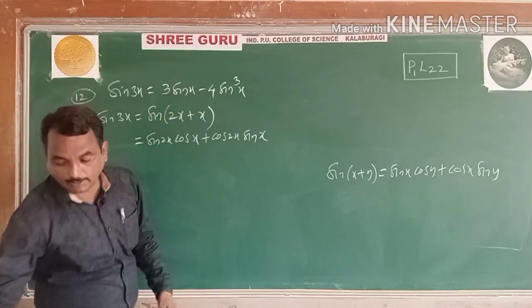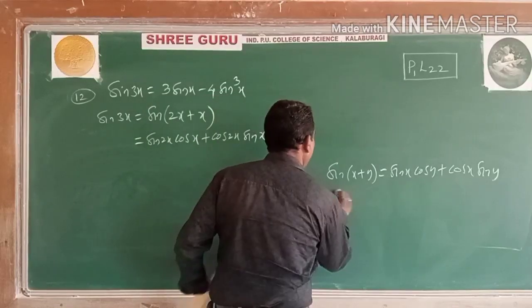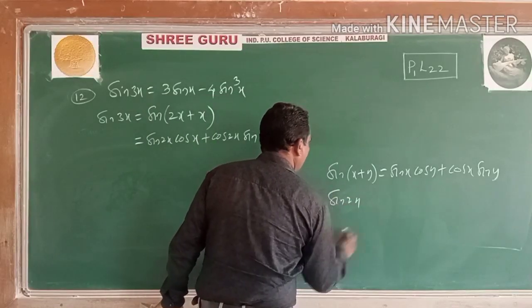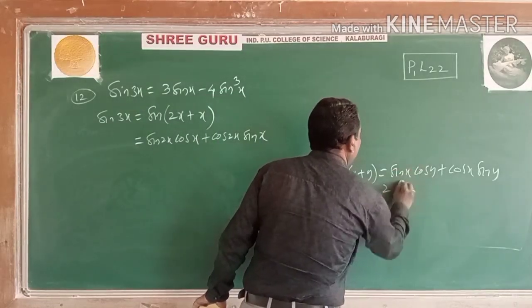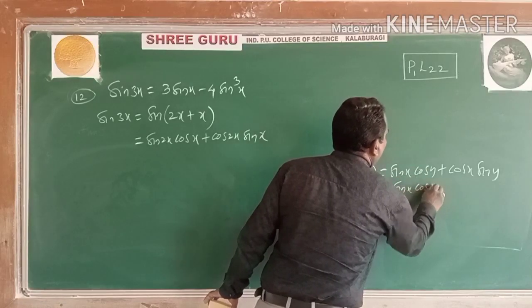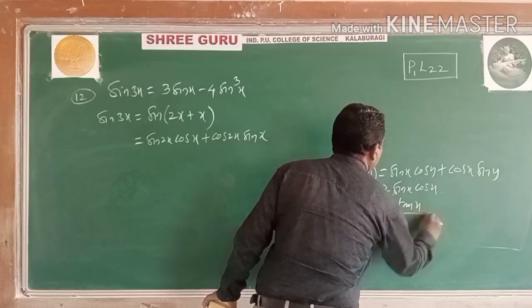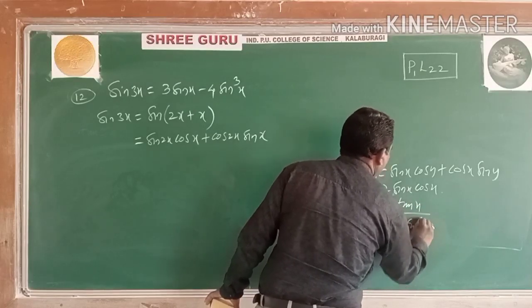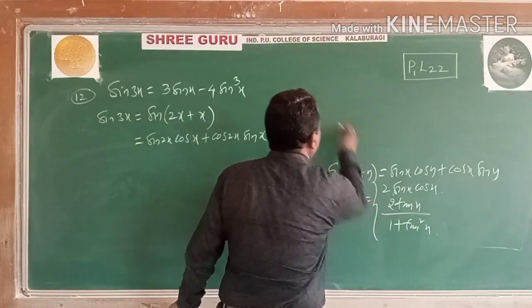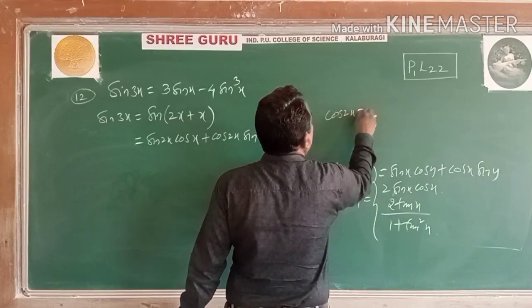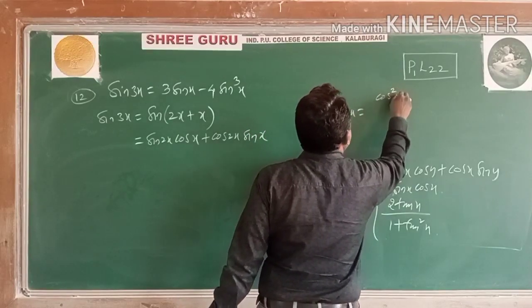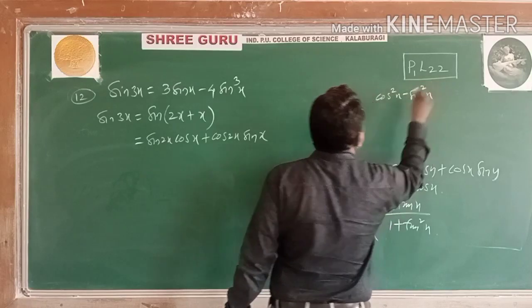I will write the sin 2x formula also: 2 sin x into cos x, and in terms of tan, 2 tan x divided by 1 plus tan square x. This is sin 2x.